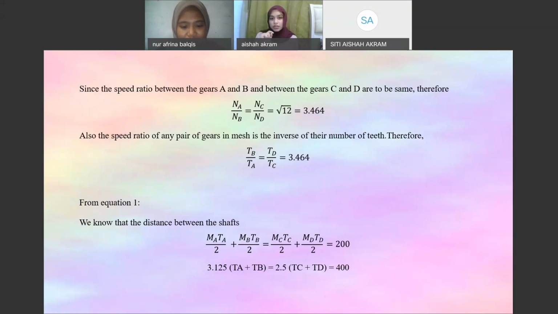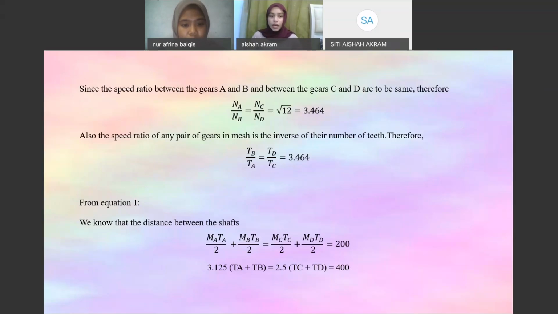We square root the 12 and we get 3.464. For any pair of gears in mesh, the speed ratio is the inverse of the number of their teeth. So we also invert, that means we need to change the position. TB over TA equals TD over TC equals 3.464.